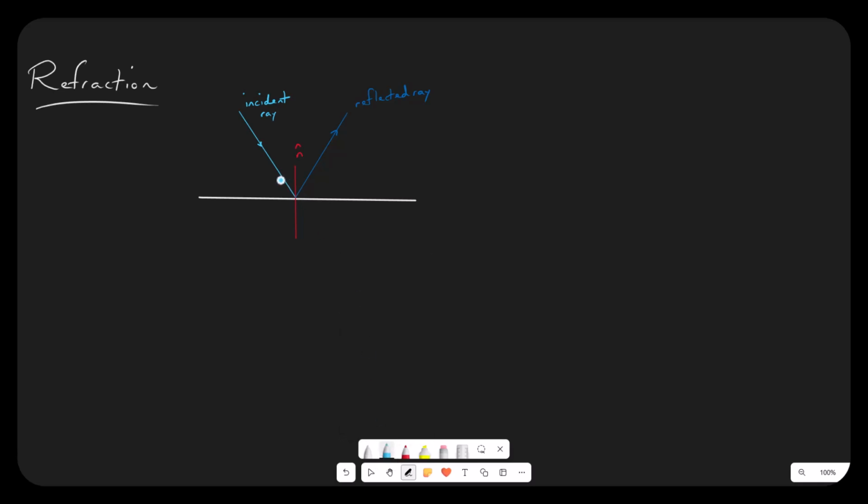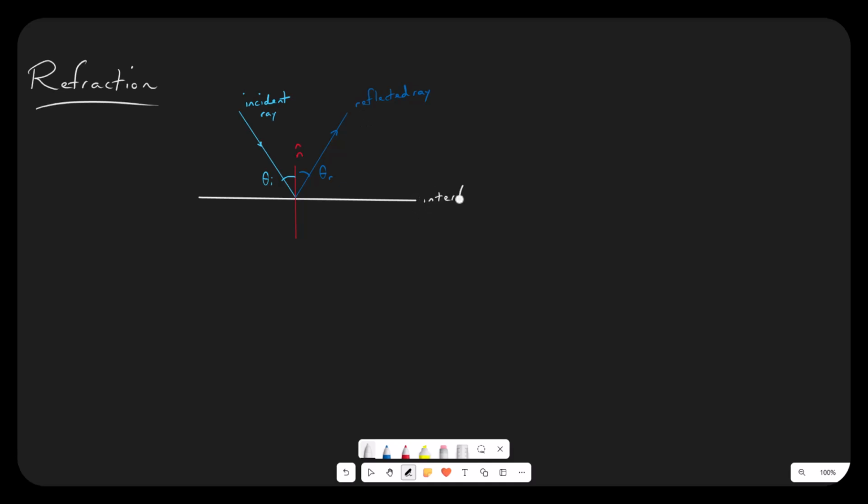I also know right here that this incident angle is important, and I know that my reflected angle is the same. But not all light that hits an interface has to bounce off it.